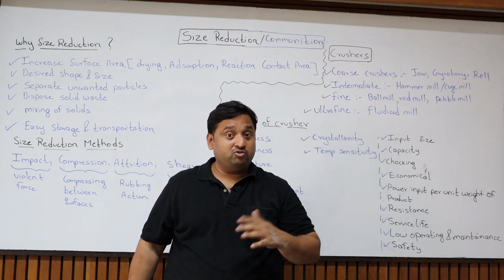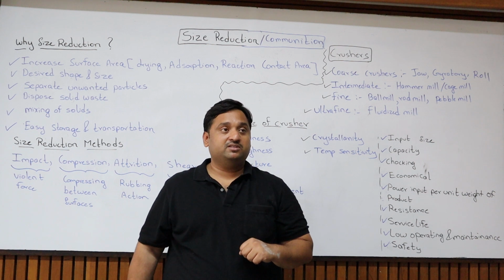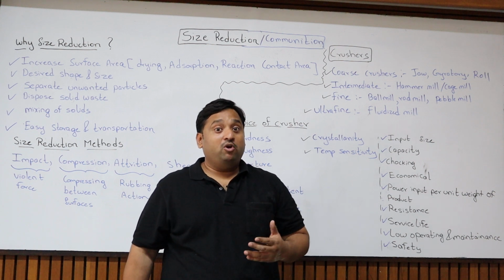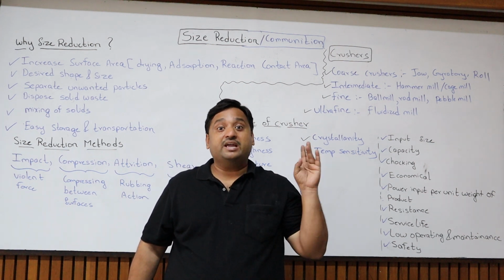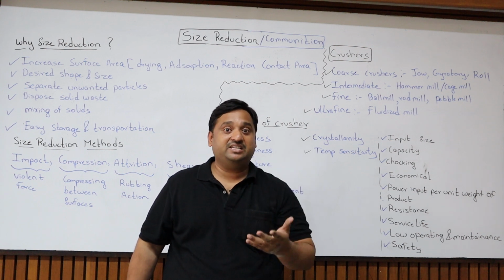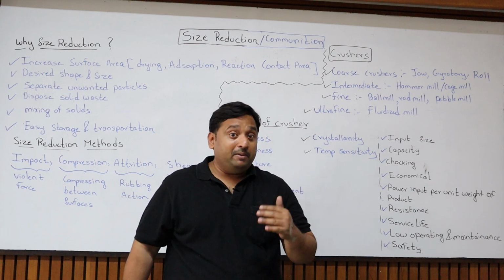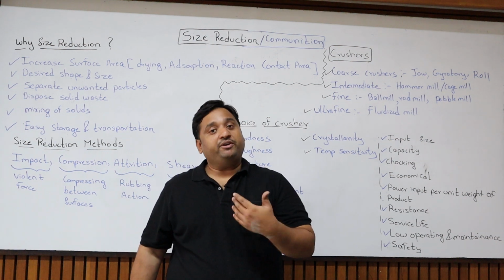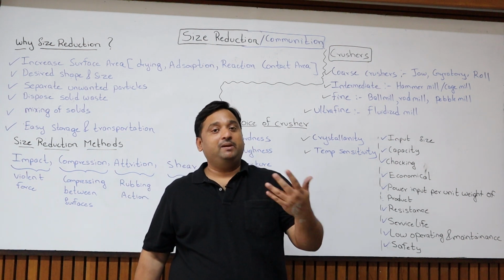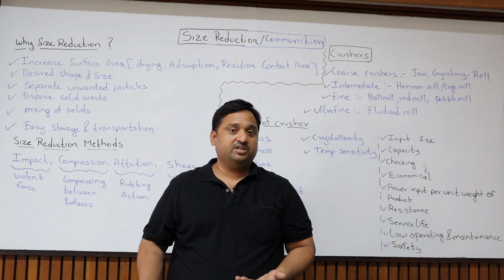Because I told you about the different coarse, intermediate, fine and ultrafine crushings, different laws are applicable for different crushers. We are going to see an example of the application of the laws and finding out the constants.